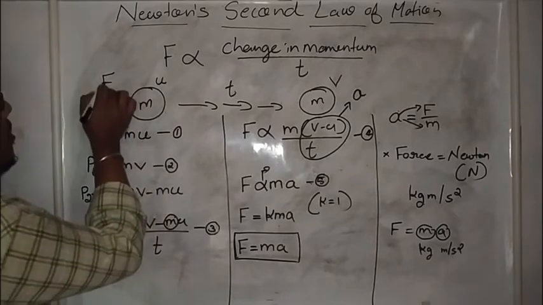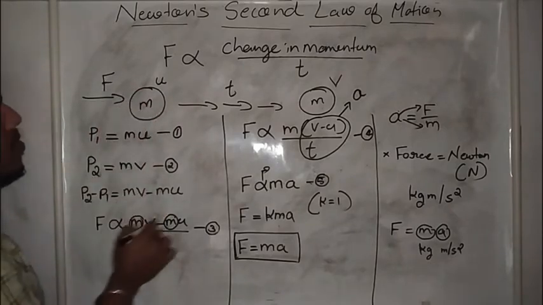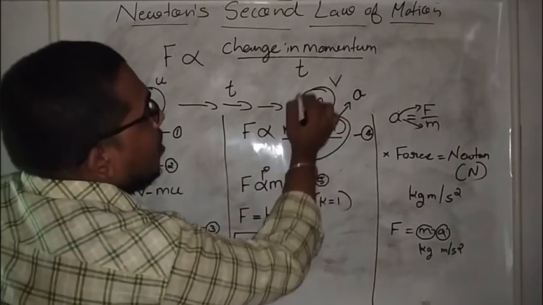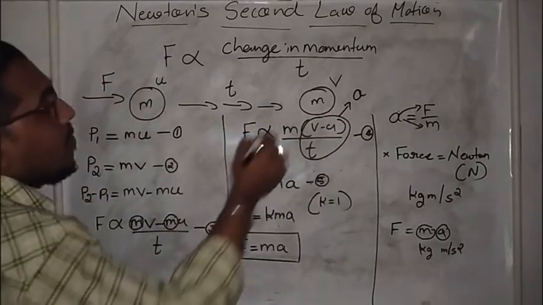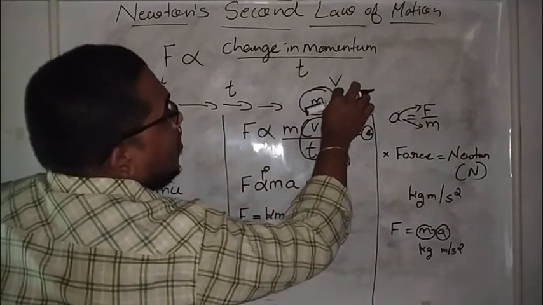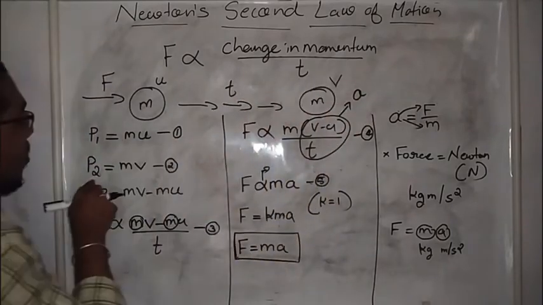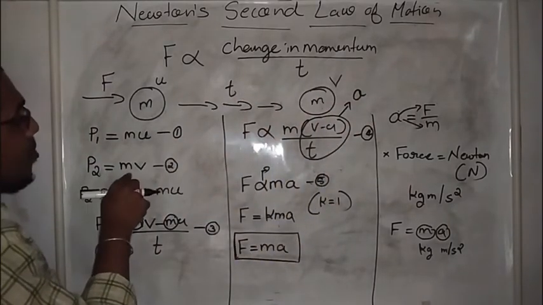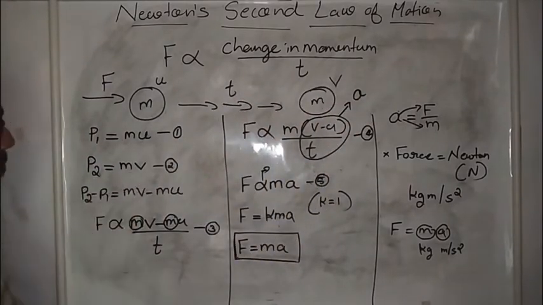After that we applied an amount of force to the system. As a result, the system moves and finally reaches a position with the final velocity v. Therefore P2, the final momentum, is equal to mv, then the change in momentum is mv minus mu.